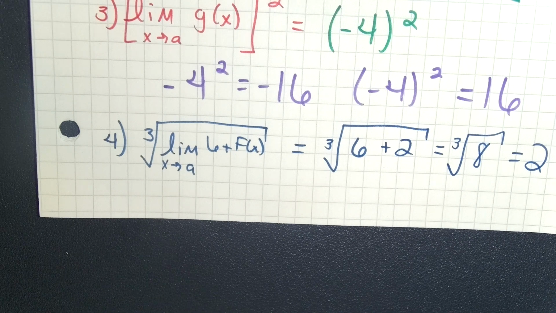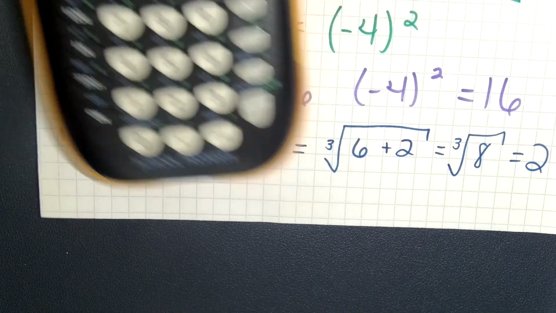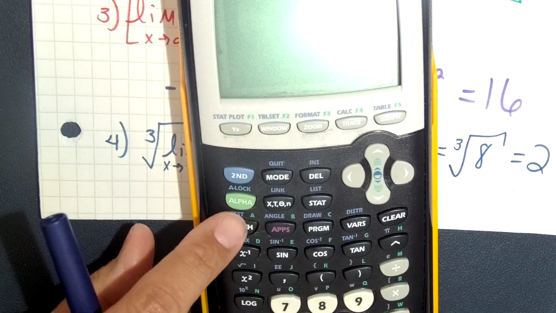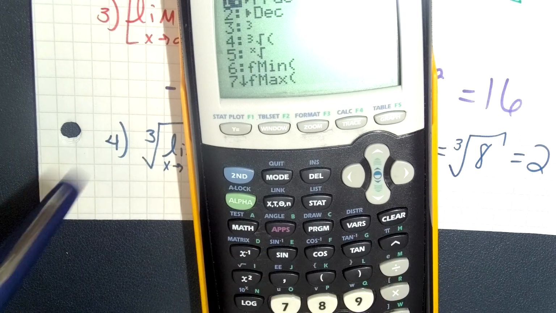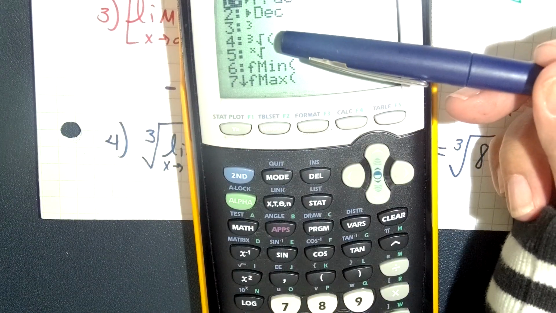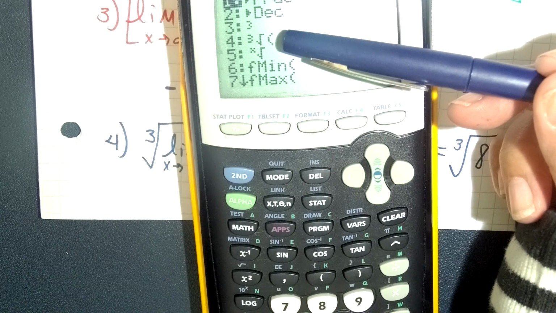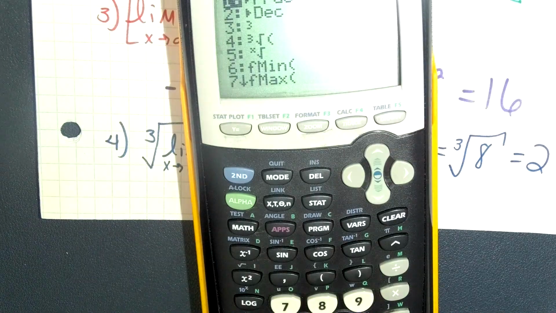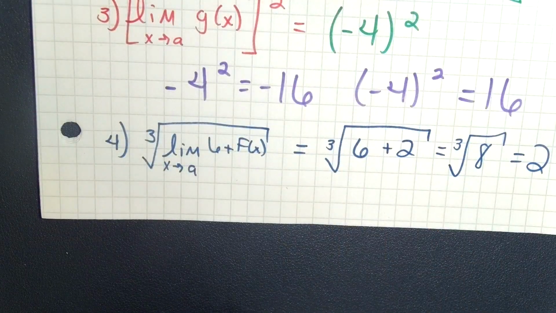Alexander, can you use your calculator? You do not push second. What you're going to push is math. And then for number 4, it is the cubed root. Okay? Thank you.